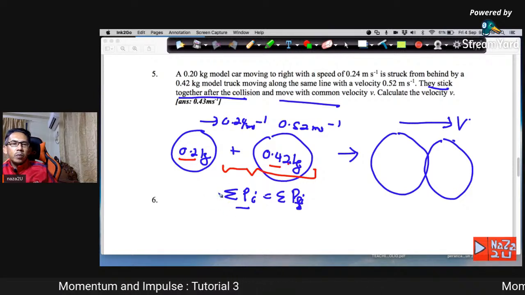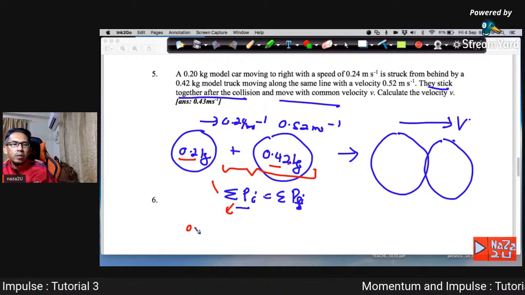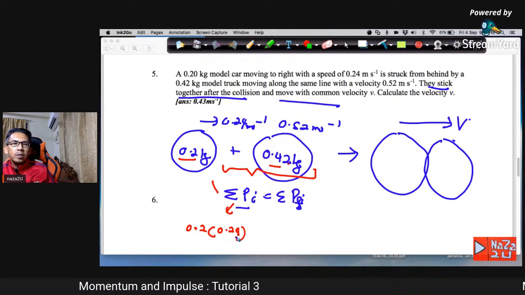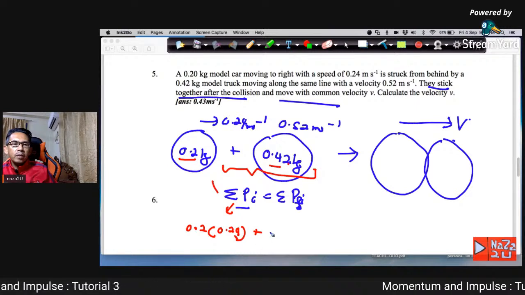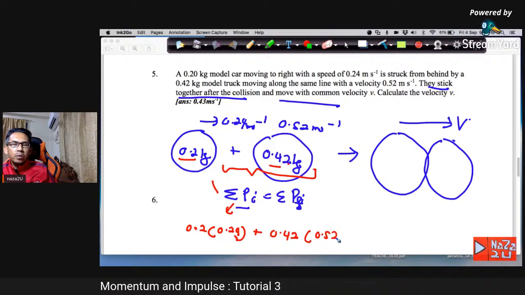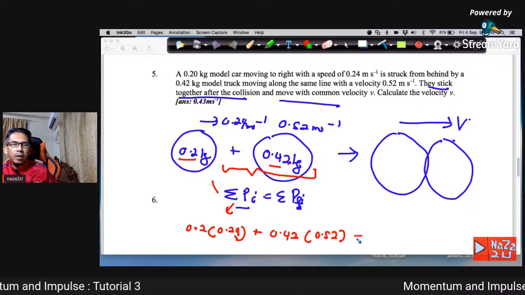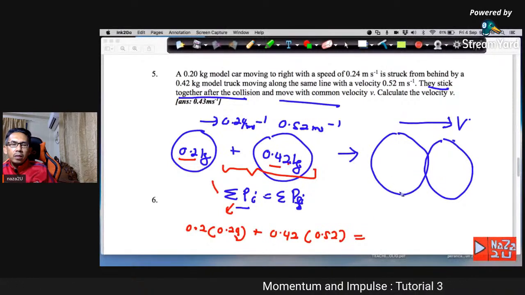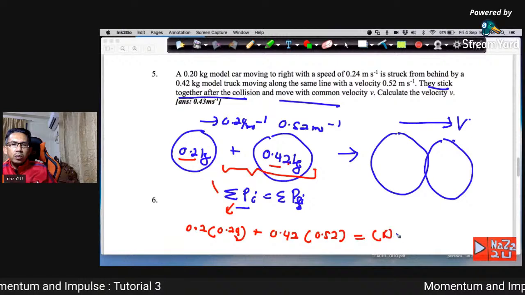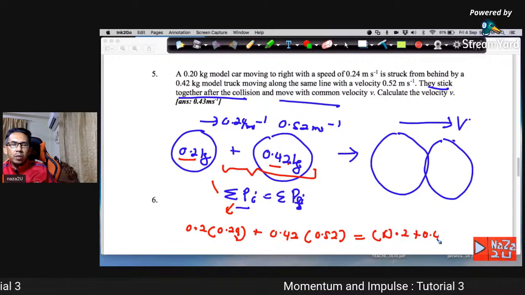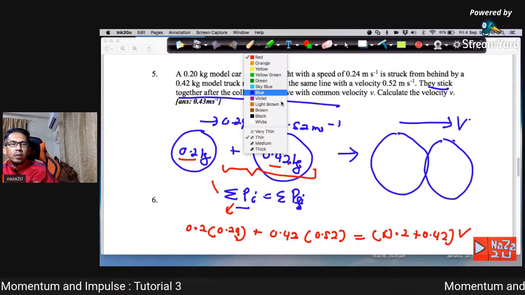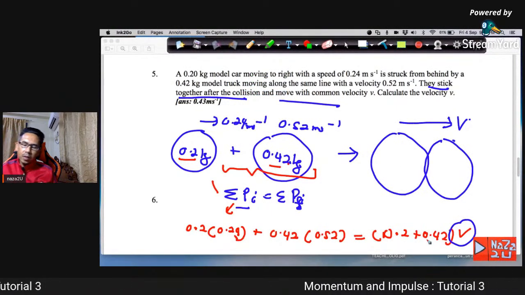So momentum before here is 0.2 times 0.24, plus 0.42 times 0.52. This is before collision, and after collision we have them stick together, meaning we have the mass 0.2 plus 0.42 times v.